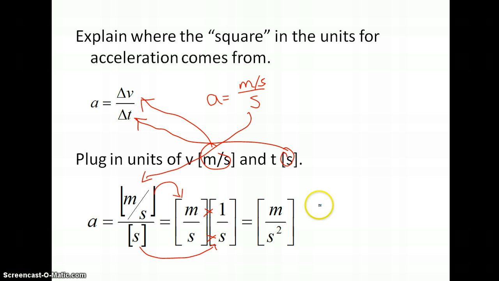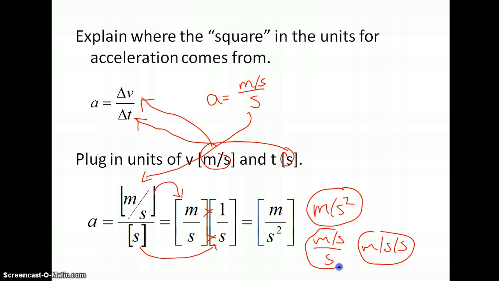So that's where we get those units of meters per second squared. We can also say meters per second per second. These three things are identical. They are all the same thing. It's like saying six of one or half a dozen of the other. It's the same thing a few different ways.